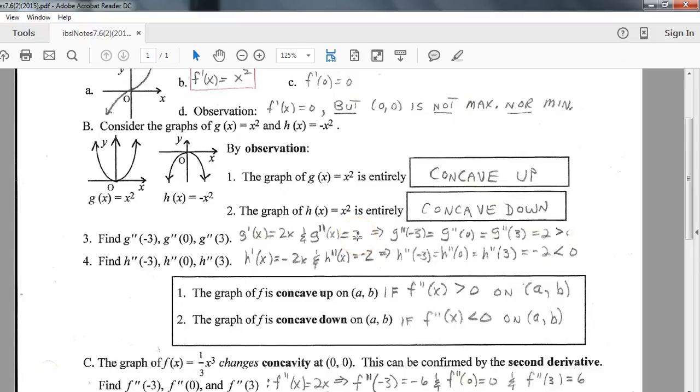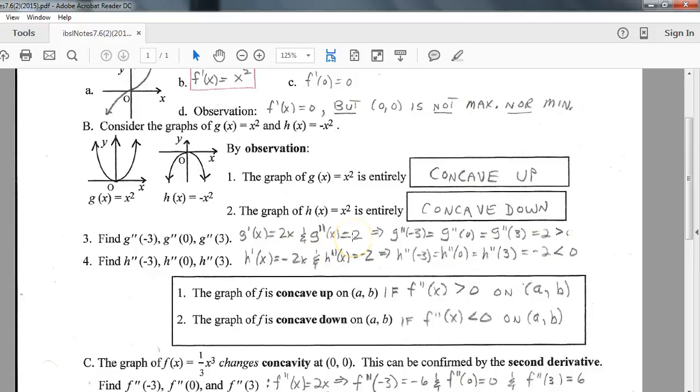So when the second derivative is positive, and that's what you're going to see right here in a minute, when the second derivative is always positive, you get a concave up look. If the second derivative is always negative, and that's what you're seeing right here, always negative, you would have something that is concave down.